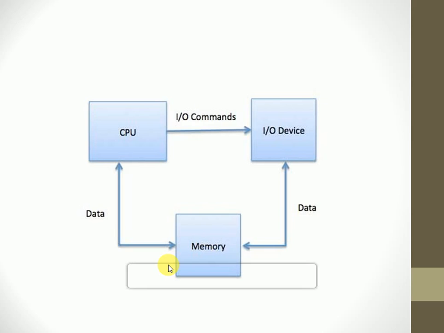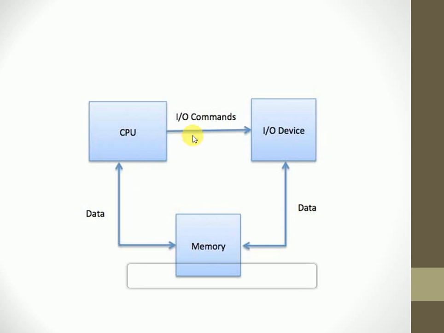If the IO device is connected to the CPU, then the commands given by the CPU are accessed by the IO device, and it accesses that memory location and does the operations on that data. That data is written to the CPU.